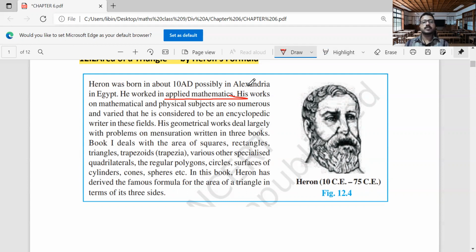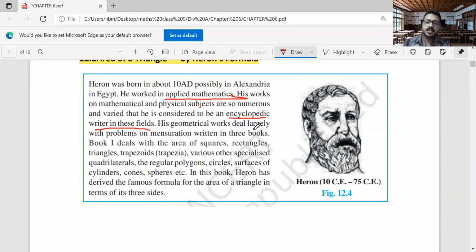His works on mathematical and physical subjects are so numerous and varied that he is considered to be an encyclopedic writer in these fields. He was not only a mathematician, he was an encyclopedic writer in all the fields. He knew about many things because he used the knowledge from mathematics in the other fields.